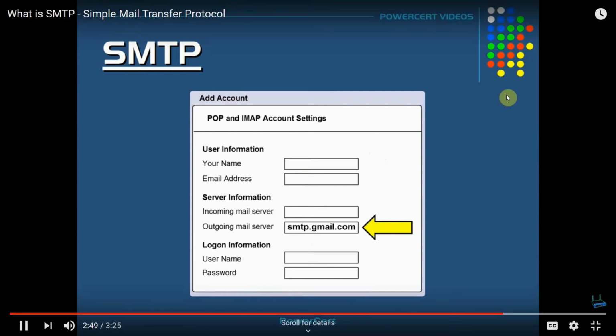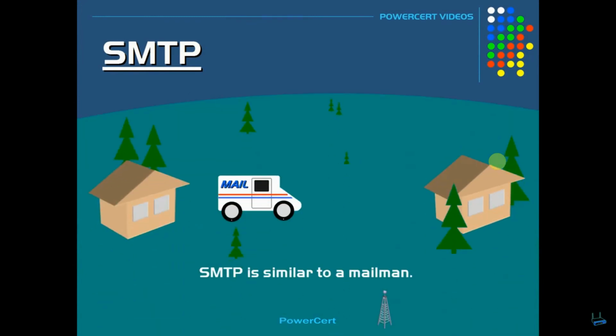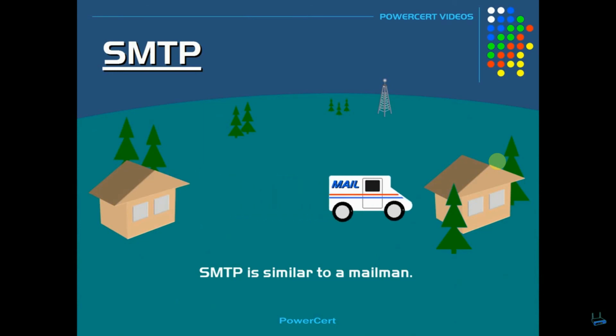This tells where to send an email. So in conclusion, basically SMTP is similar to mail handling. The mail service accepts the mail from your mailbox and files and whatever, and then delivers it to a mailbox.